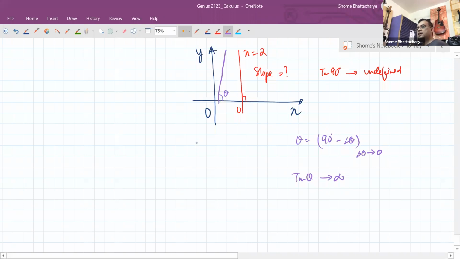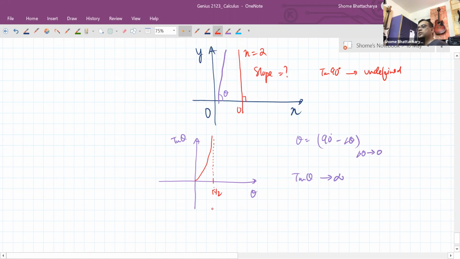Understood the point? No? Because the tan graph looks like this, no? If you look at the values of tan theta with respect to theta, as theta approaches pi by 2 from the left hand side, the value of tan theta approaches infinity.